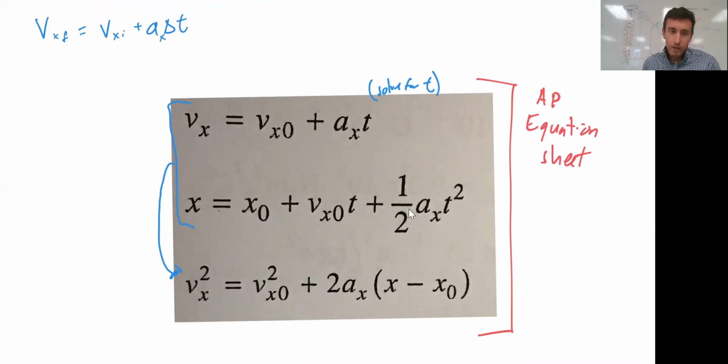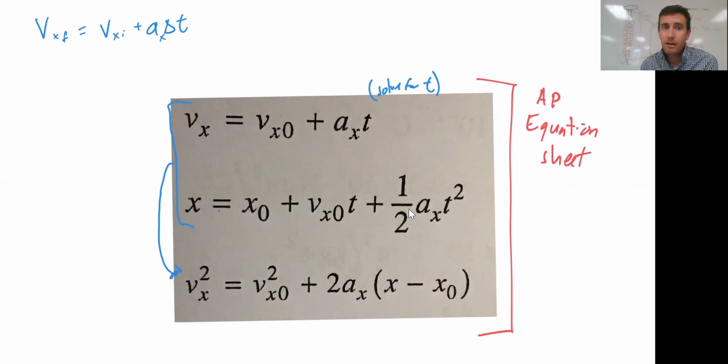You'll notice that we just solved for one of them. I solved for, over here, vxf in terms of vxi plus ax delta t. That's the same equation as right here, just with some slightly different subscripts.